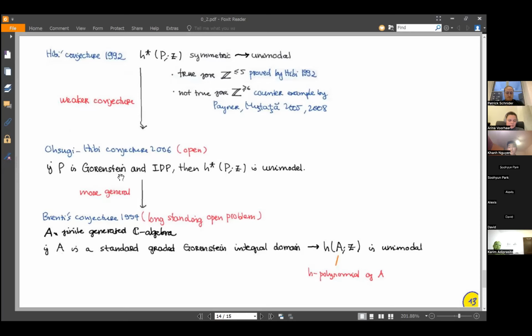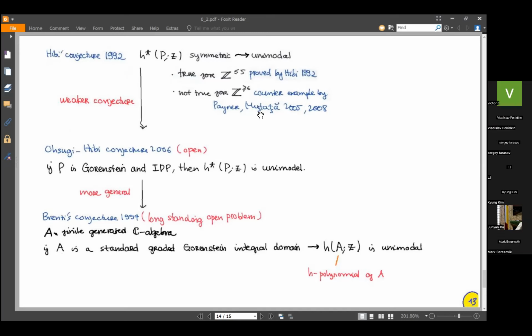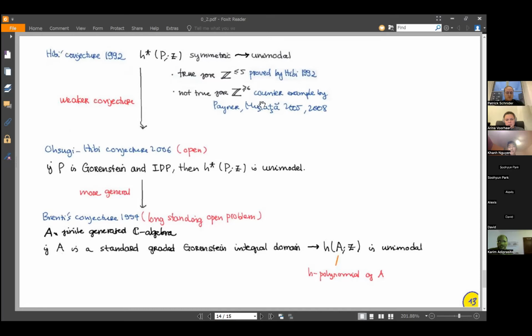So the Hibi conjecture says that if the h star polynomial of P is symmetric, then it is unimodal, and the conjecture was verified for the polytope of dimension less than or equal to 5 by Hibi in 1902, and it has some counterexamples by Payne, Musiker in 2005 and 2008 for polytopes of dimension greater than or equal to 6.